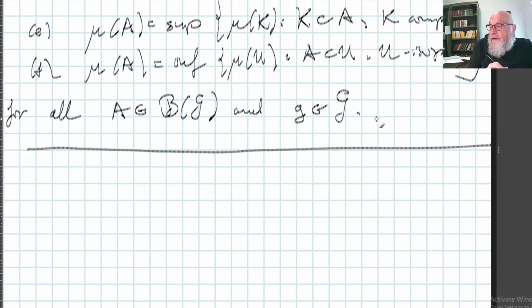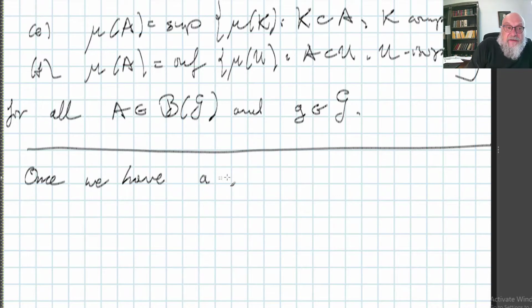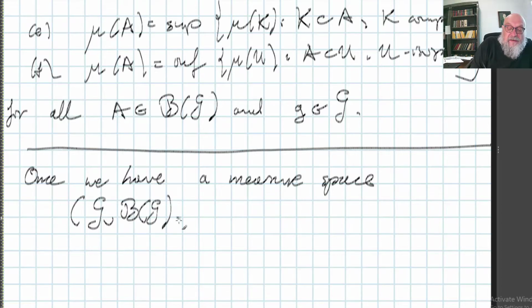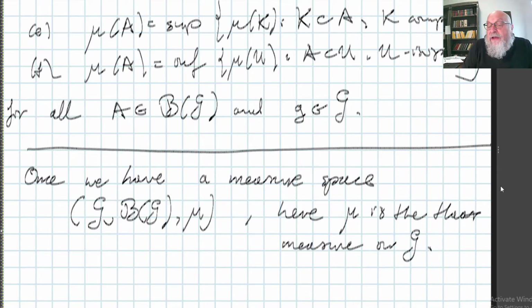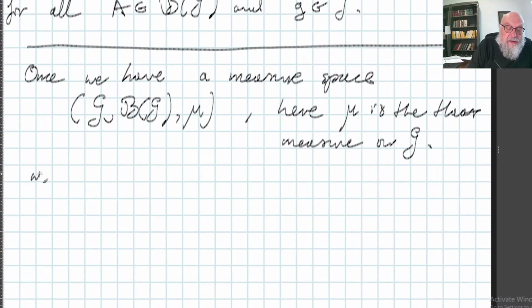Now, once we have a measure space, with G, my Lie group, the Borel sets, and mu the Haar measure (I can say the Haar measure because it's unique), we can also introduce the Lebesgue integral.